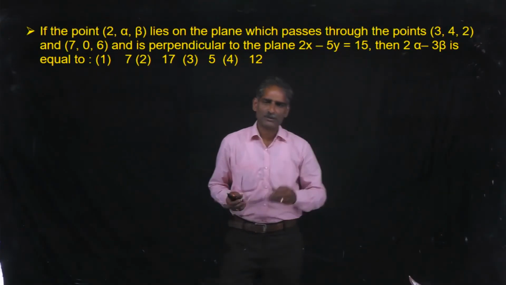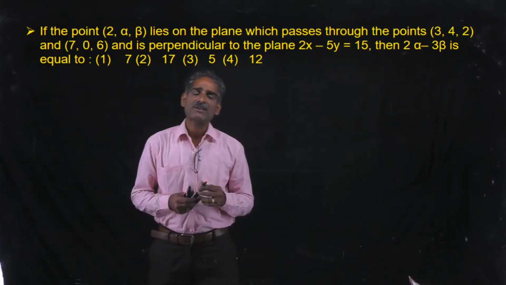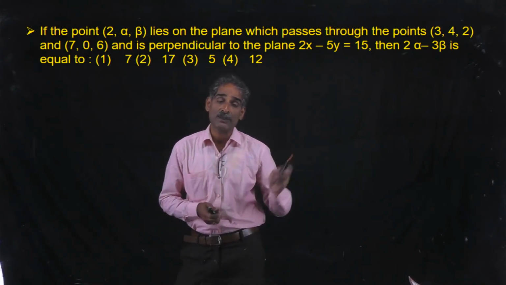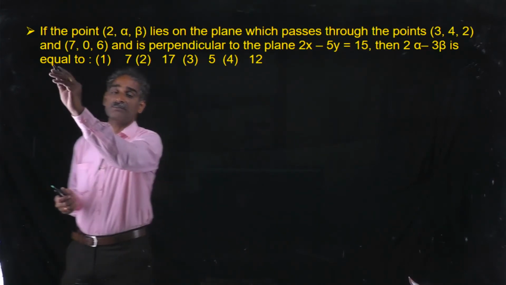See this problem. If the point 2, alpha, beta lies on the plane which is passing through 2 points and perpendicular to a plane.